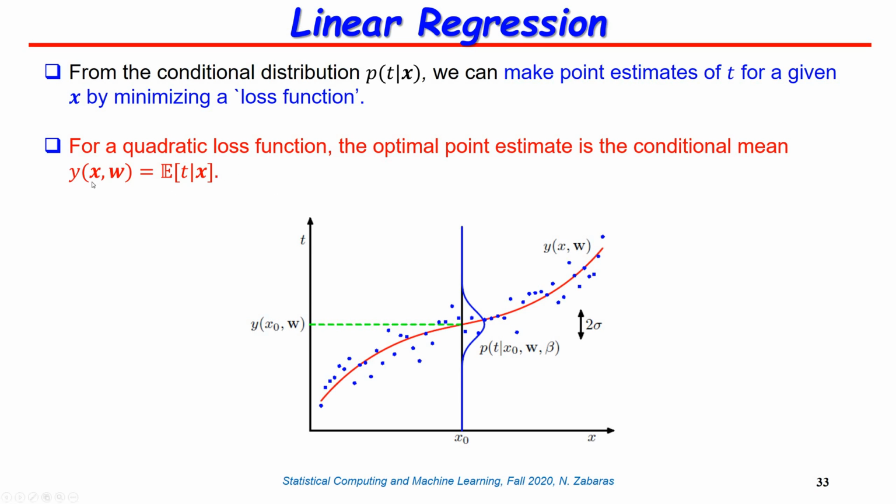Then it turns out that the optimal y is the posterior mean at that location x. We will see a little bit about these calculations later on, but for right now, I want you to envision that for each location, we're going to have a distribution of t, and the mean value of that distribution is our regression function. Obviously, this distribution is going to be parameterized. It will have some mean, and that mean will be my regression function that is parameterized with w. So that's exactly where w is going to come from.